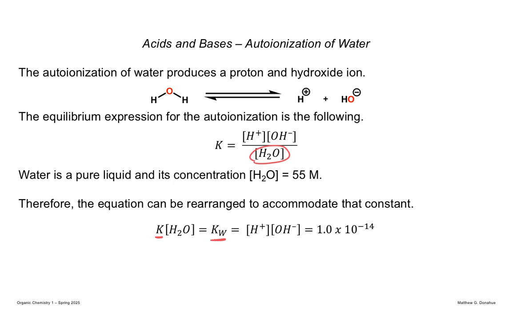So the W just means we're removing that concentration of pure water. And what you get is then proton times hydroxide, and that's equal to 1 times 10 to the negative 14. And so really what should pop out in your mind at this point is this number.